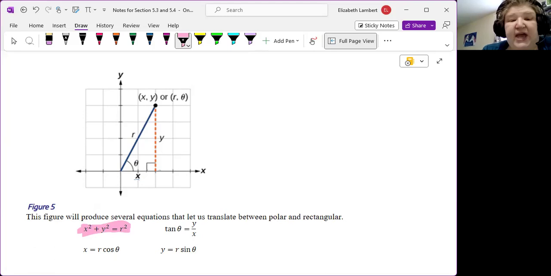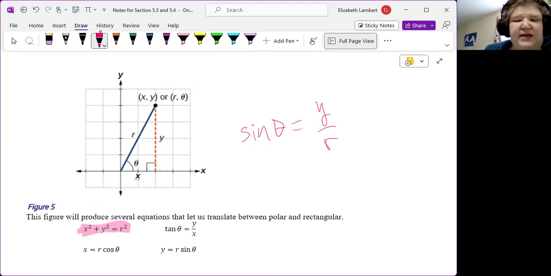And then if I look at the sine and the cosine of theta, so sine theta is y over r. And then if I just multiply both sides by r, I get r sine theta is y.